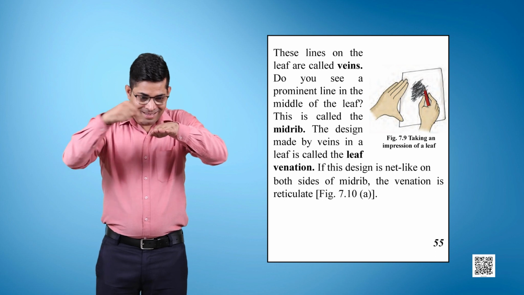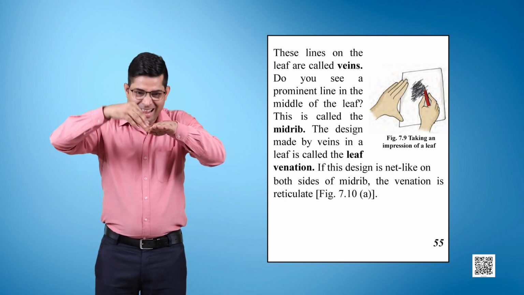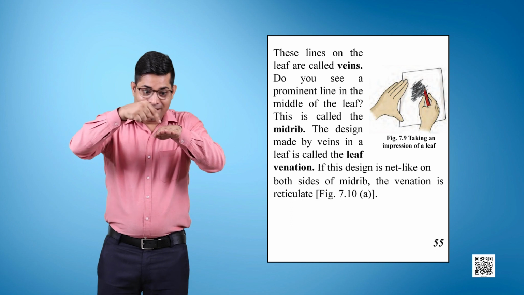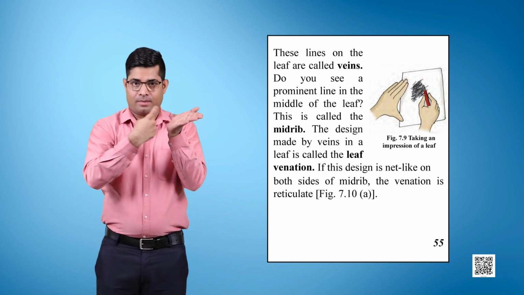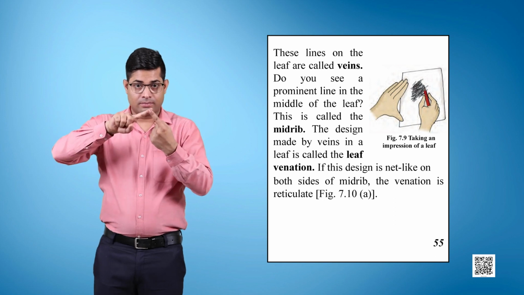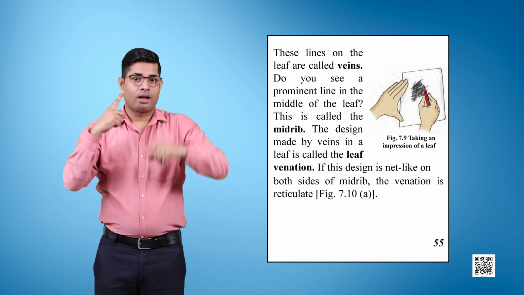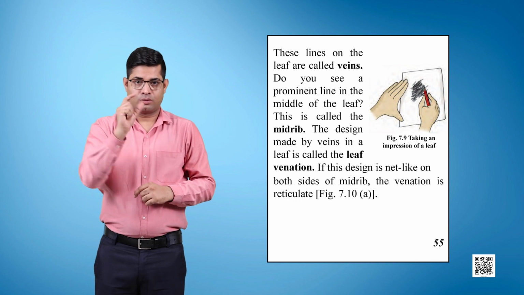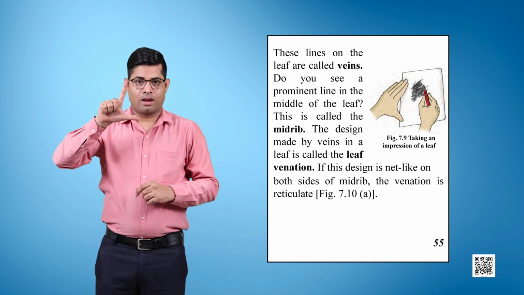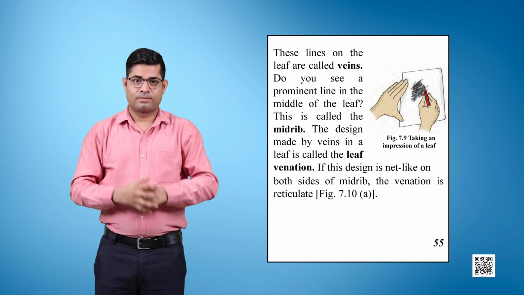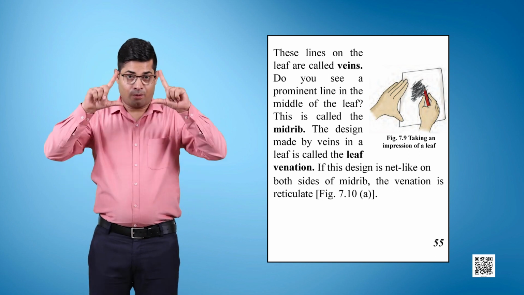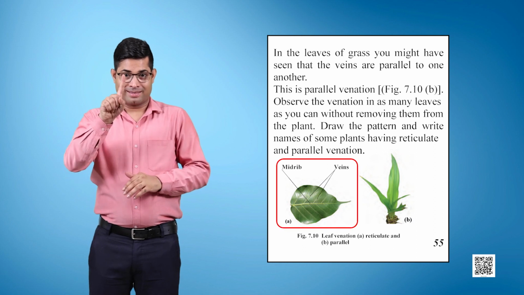If this design is net-like on both sides of midrib, the venation is reticulate. Figure 7.10a.